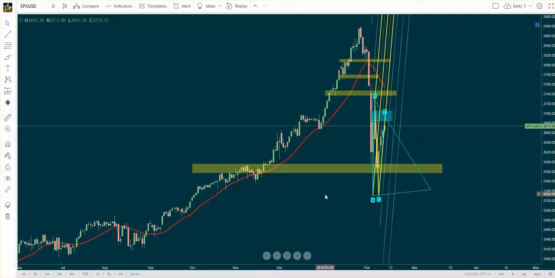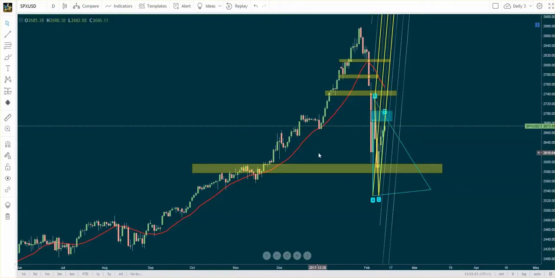So as you can see, in the last 2 weeks there were a lot of red candles across the board, and this curve here is a 20 daily standard moving average. As you can see, we broke it, but then the price went down, so the 20 daily moving average has not been back tested yet.